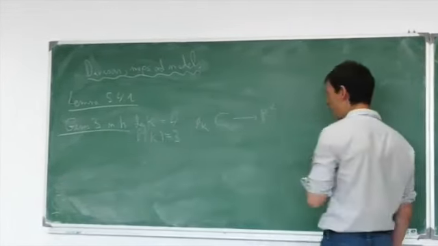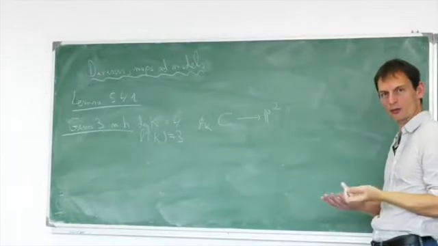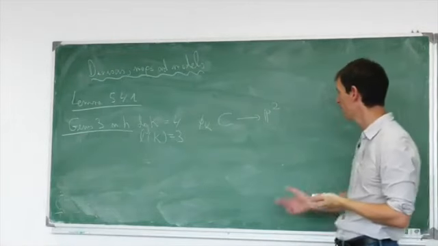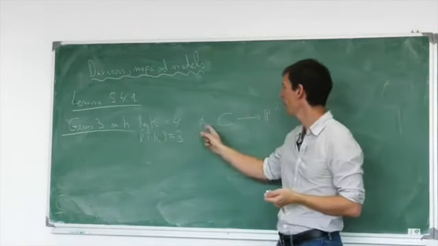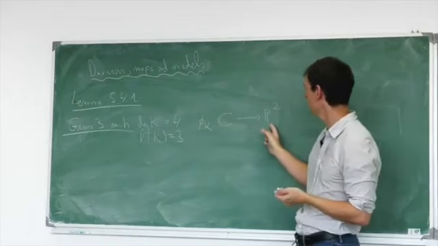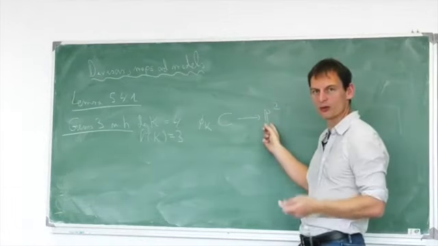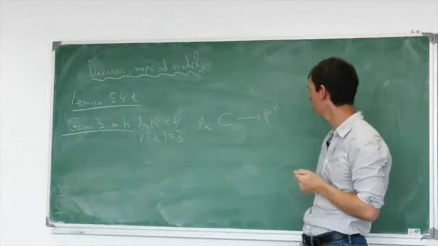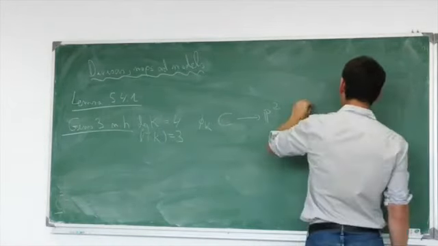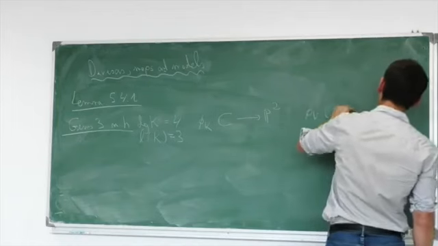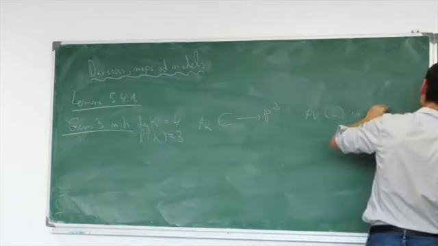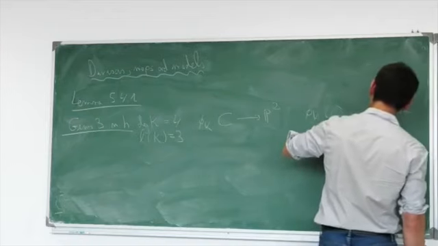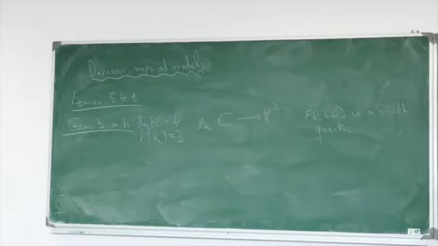So I have an embedding of C inside P2, as a plane curve. So it is defined by a unique equation, and because the degree of the canonical divisor is related to the degree of the curve in the sense of its intersection degree with a hyperplane, we see that phi k of C is a smooth quartic. So quartic means a degree 4 plane curve.